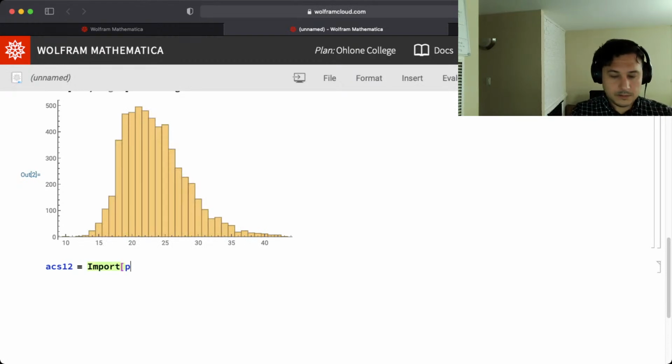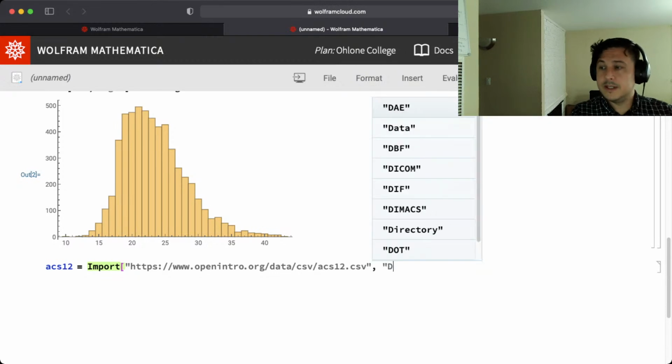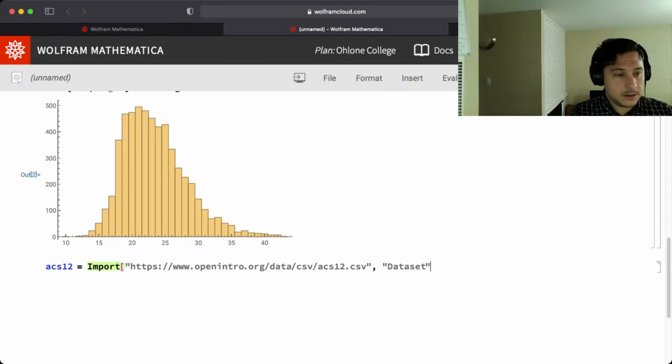Whoa, going really slow. Okay, import, paste, name of the data, comma, dataset, header lines. Oh wow, my computer is really lagging. Header lines 1. Okay, let's load the data.